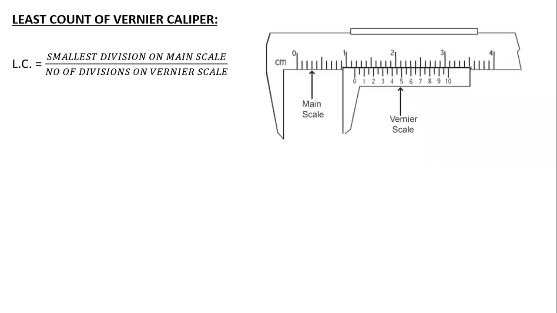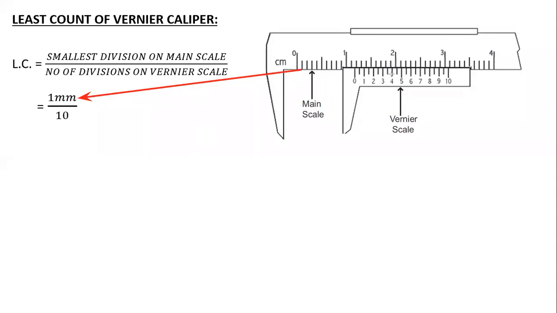From the diagram, the smallest division on the main scale is 1 millimeter, because after 0 it will be 1 millimeter, then 2 millimeter, 3 millimeter, and it goes on.